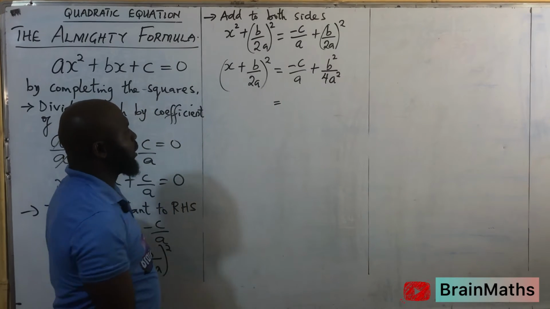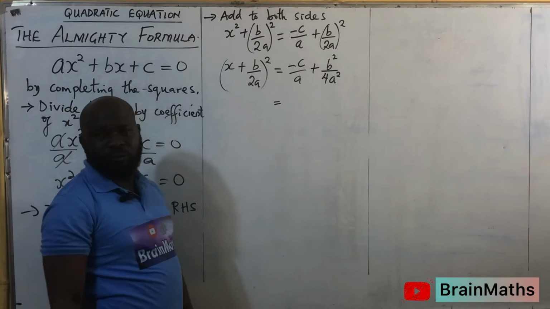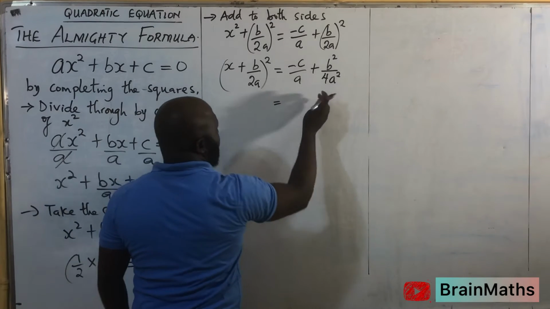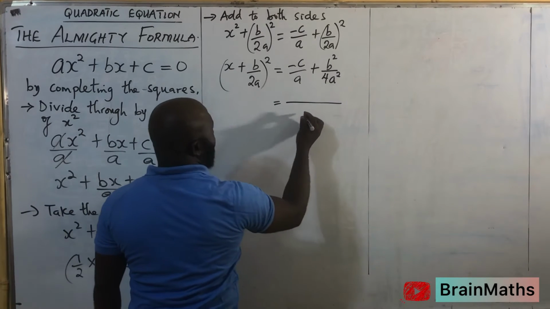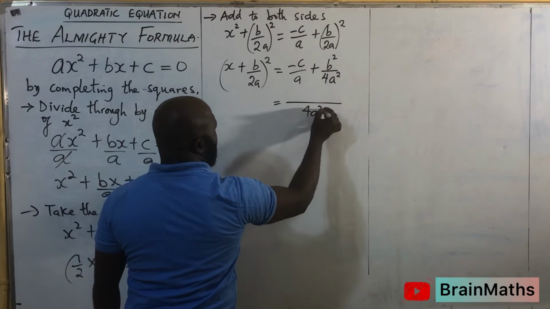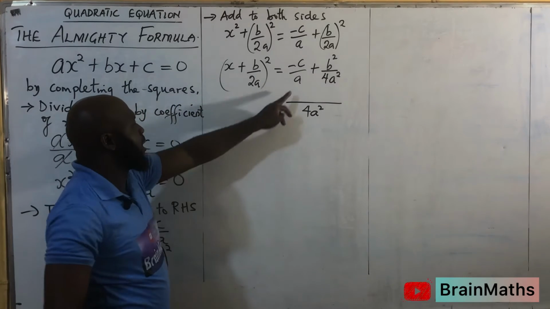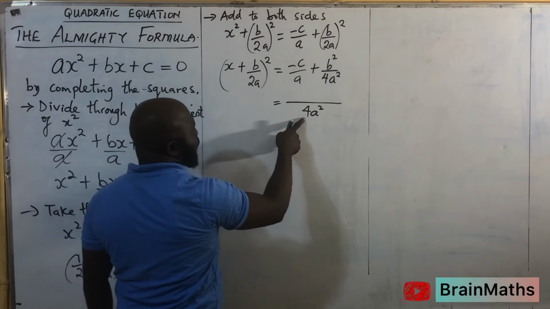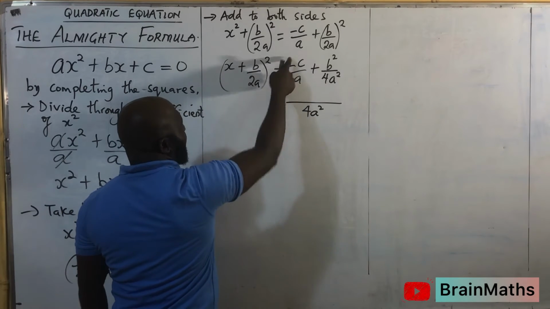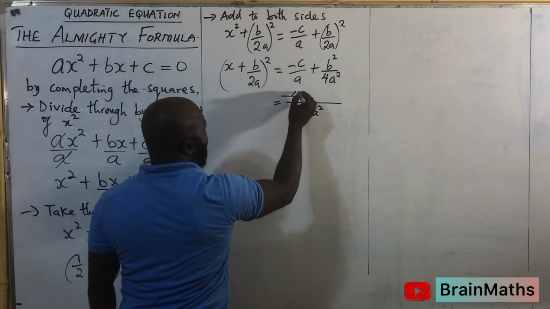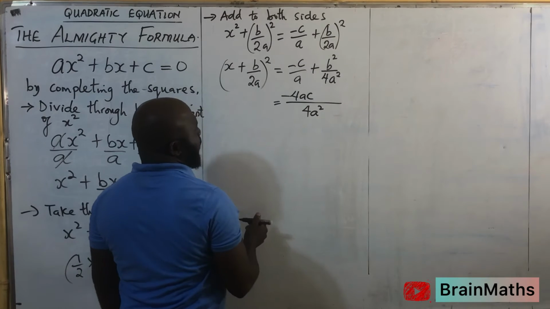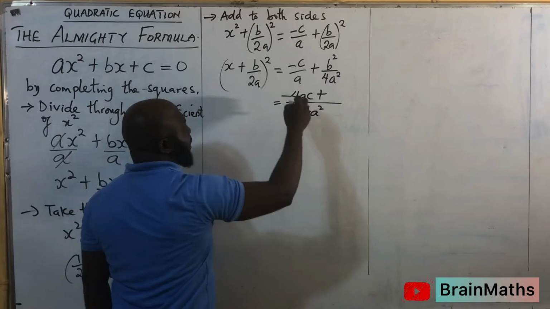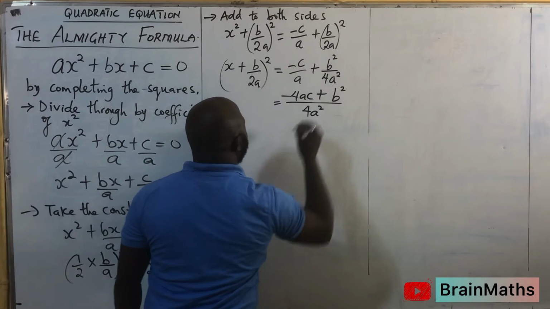So the next step is to simplify this. For the right hand side, we are going to find the LCM of a and 4a squared, and that is 4a squared without doubt. How many a can we get in this? That is 1. We are going to be left with 4a. 4a times minus c, we have minus 4ac, plus, 4a squared in 4a squared, 1, 1 times b squared, that is b squared.